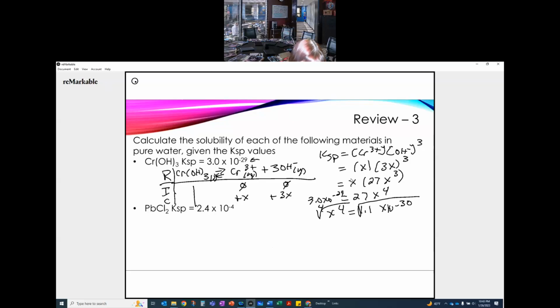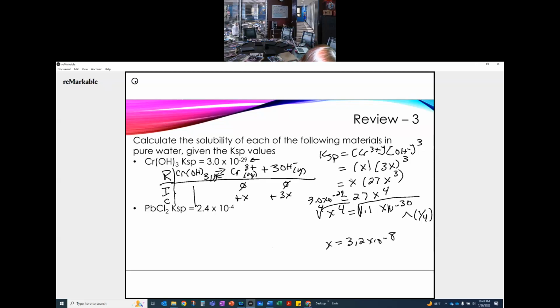So on my calculator, I hit the little hat symbol, then parentheses 1 divided by 4, and that gives me X is equal to 3.2 times 10 to the minus 8, 2 sig figs. Sorry, 3.2, and I was checking to see if I needed to round up, but I didn't. Okay, so that's my X value.